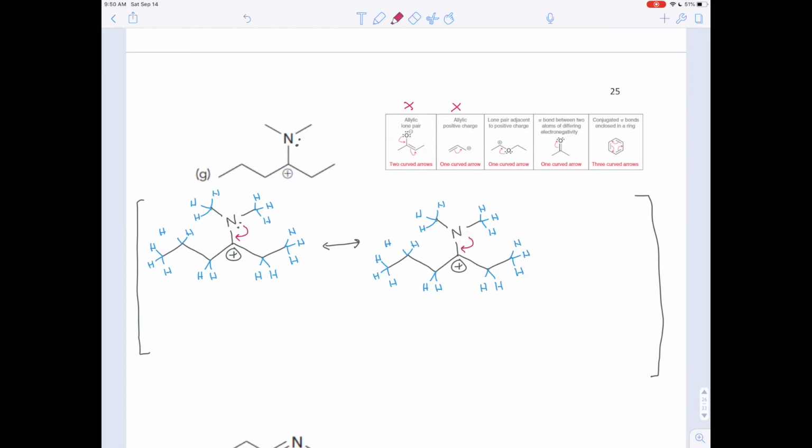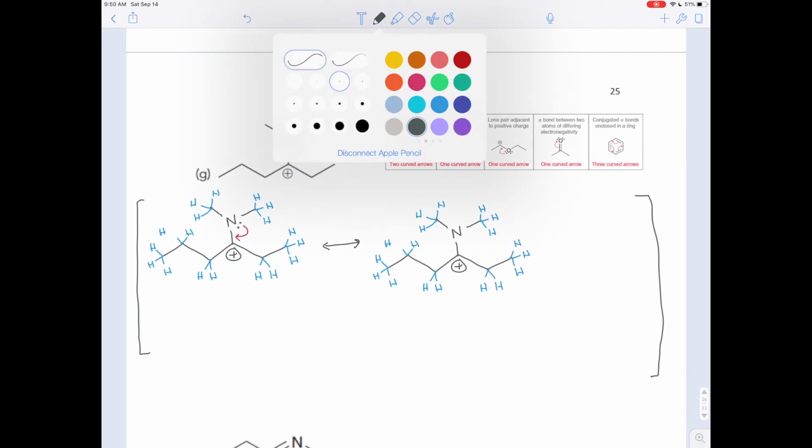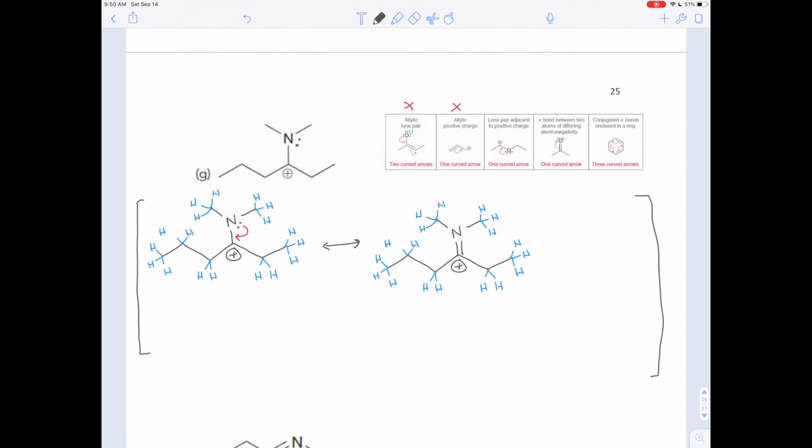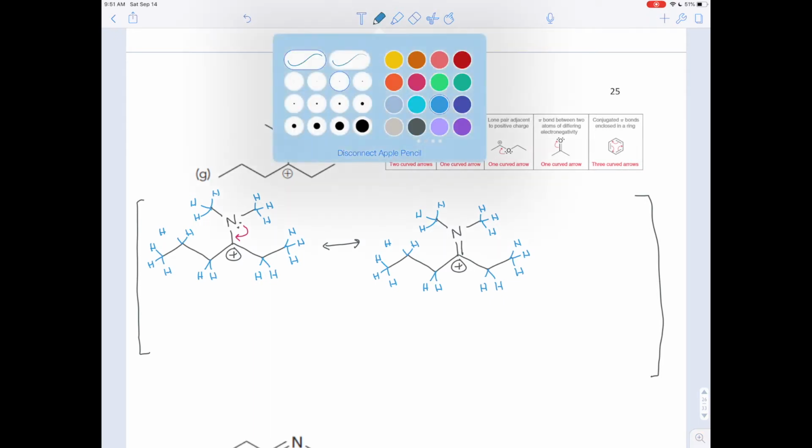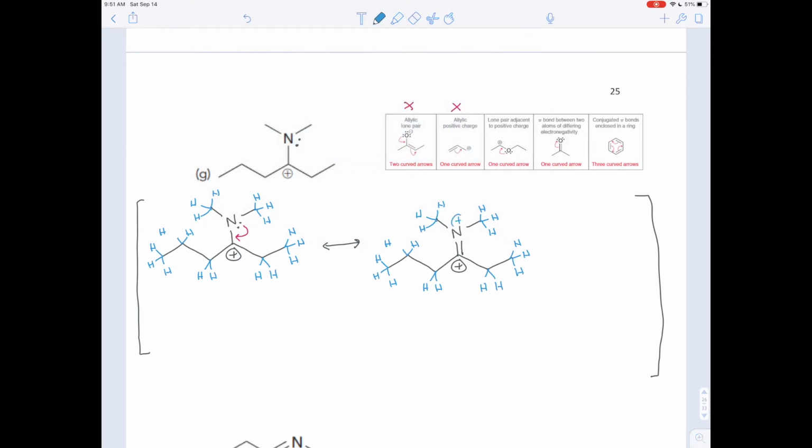And anywhere you have the head of a curved arrow is a place where electrons are arriving. And if the head of a curved arrow is pointing at a bond, then the electrons arrive as a bond. So you draw them in as a bond there. If you calculate the formal charges here, you'll see that the nitrogen has a positive charge now, 5 minus 4 lines, and the carbon has no charge.